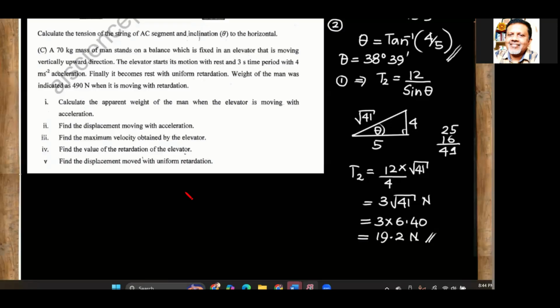Actually we can show that the weight is the same as the real weight of the object or person while the frame, that is the lift or elevator, is at rest, or while it is moving with constant velocity. Unless it is at rest or moving with constant velocity, while it is accelerating or decelerating, the weight of an object inside this type of frame will give a different value.